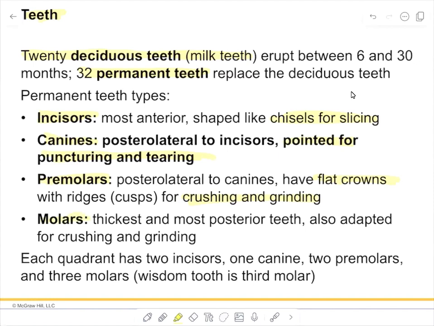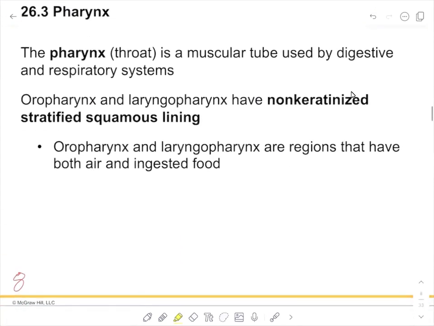Molars are the thickest and most posterior teeth, and they're important for crushing as well as grinding. So each quadrant has 2 incisors, 1 canine, 2 premolars, and 3 molars. That would be half of the lower teeth would be 1 quadrant. So we have 4 different quadrants.